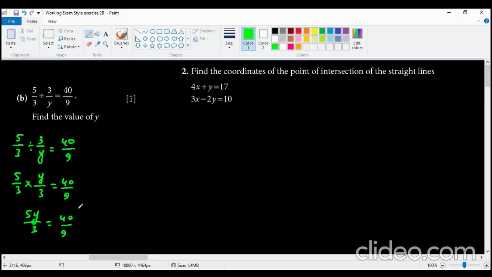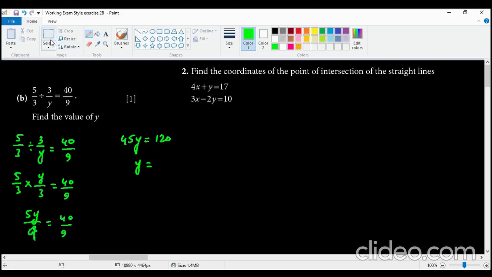So 9 times 5 is going to give us 45y, and 3 times 40 is going to give us 120. And when 120 is divided by, this is a 40 and this is a 9, there's a problem.